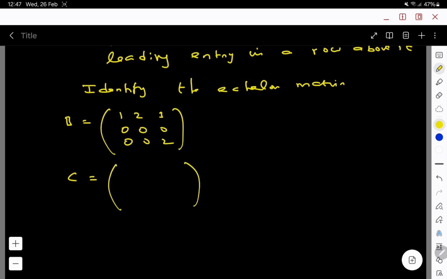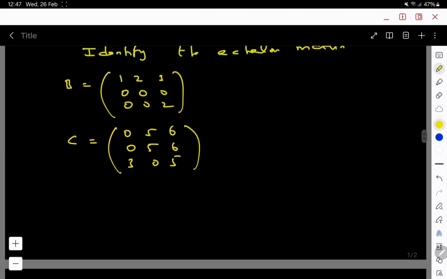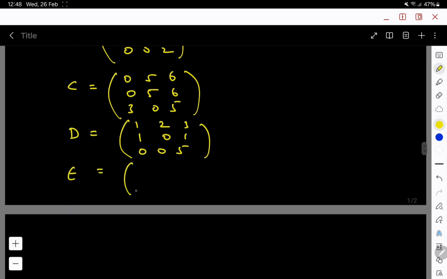C equals 0 5 6, 0 5 6, 3 0 5. D equals 1 2 3, 1 0 1, 0 0 5. E equals 1 2 3, 0 5 6, 0 0 3.